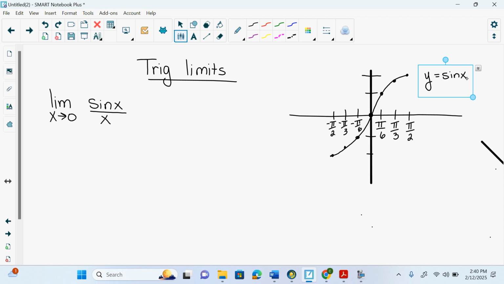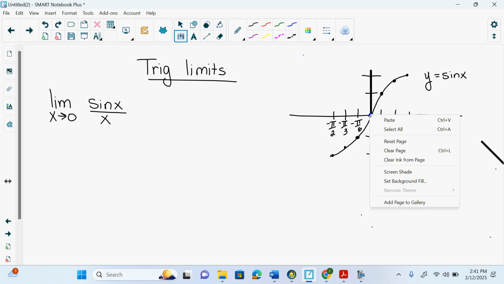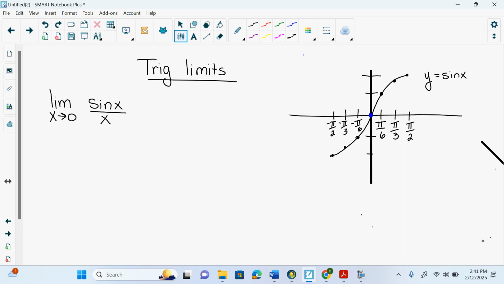The other function we're looking at is just x, correct? Our numerator is sine x, our denominator is x. So that's 0, 0, and then 1, 1, and it looks like this.